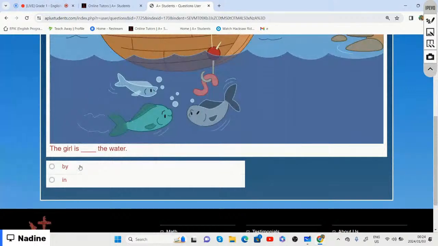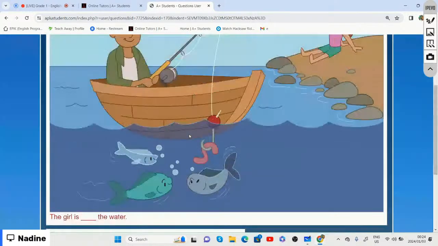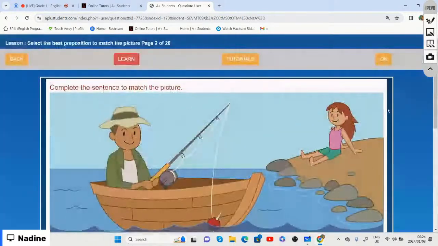Is the girl sitting by the water or is the girl sitting in the water? So here we have the girl. Is she just sitting by the water or is she sitting in the water?